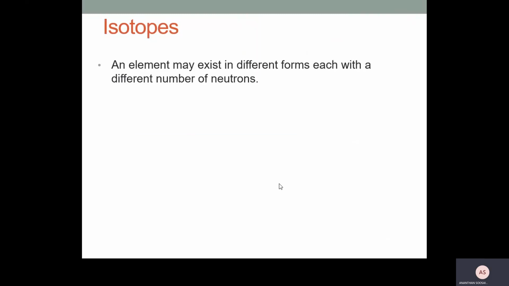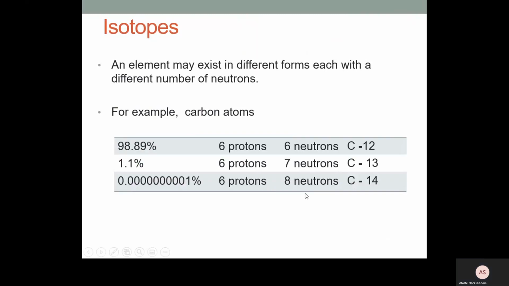Recall that isotopes have a different number of neutrons, same number of protons. 6 protons, 6 neutrons is carbon 12, then carbon 13, carbon 14. Carbon 14 is very little on the surface of the earth. Carbon 12 is the most abundant, 98.89%. Carbon 14 is radioactive.